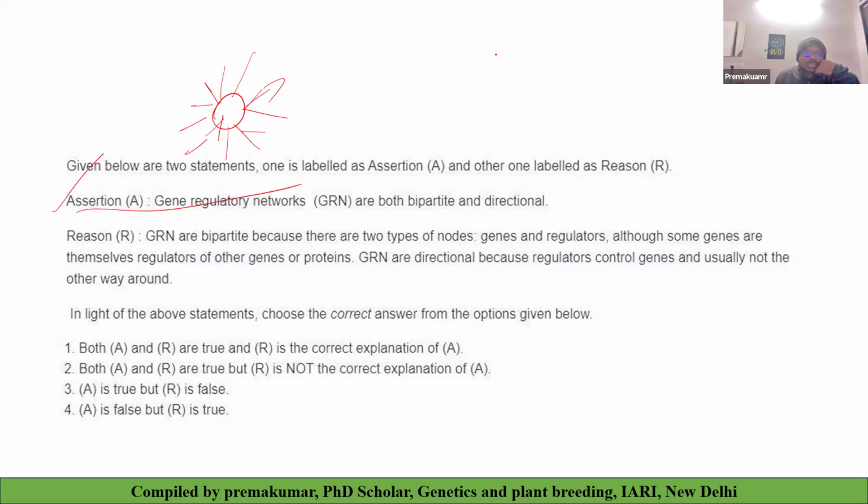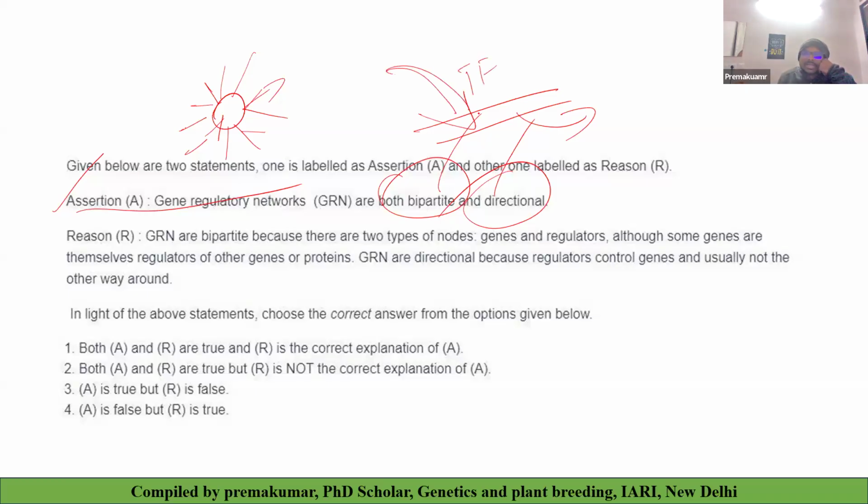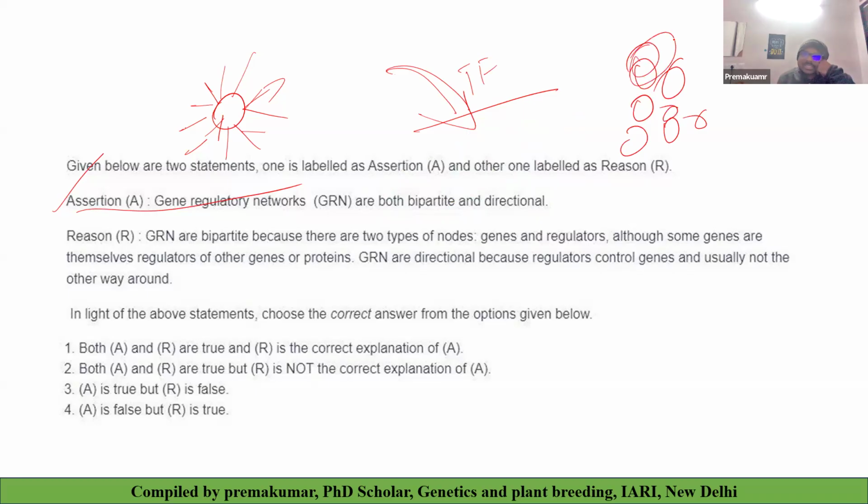What is bipartite and directional? It is nothing but having both an expression part and a part where the transcription factor will bind and express. Gene regulatory network is the network of genes where some genes are hub genes, and some genes will regulate the expression of other genes.